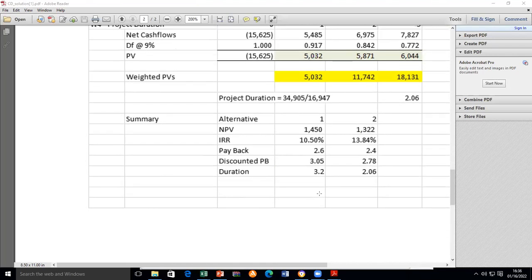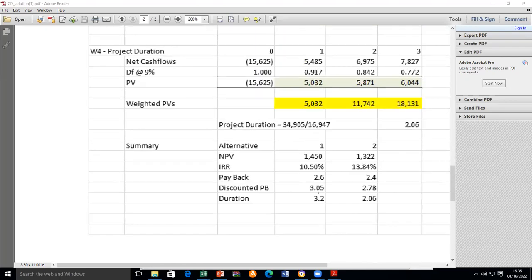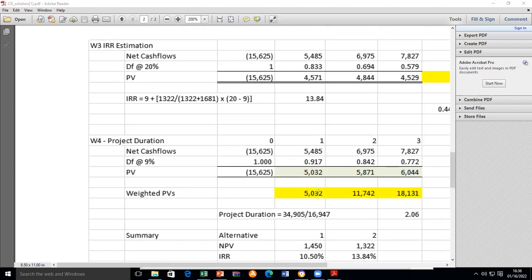Now, let's discuss the concept of modified internal rate of return and project duration. You may remember that we covered the concept of duration under the bonds.